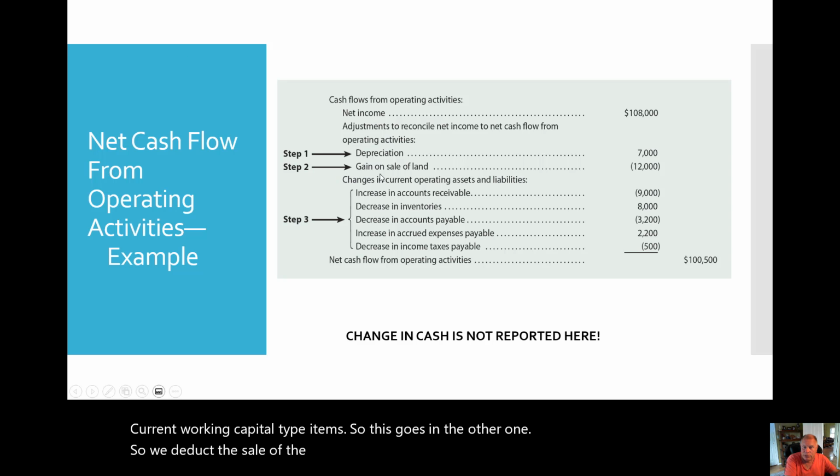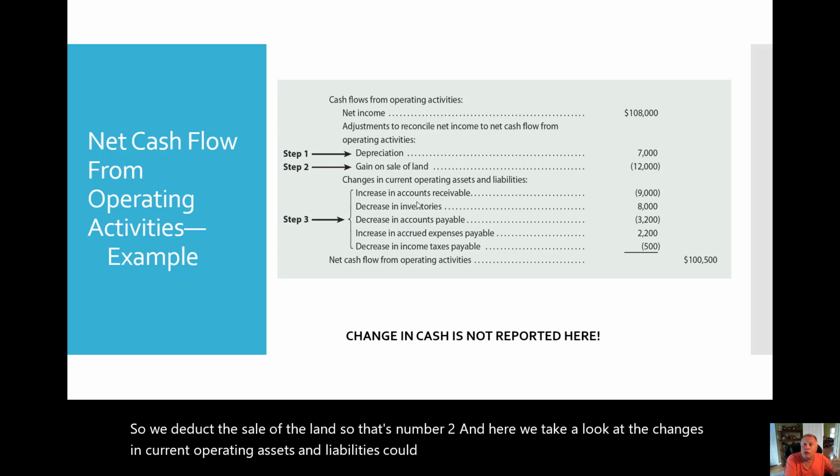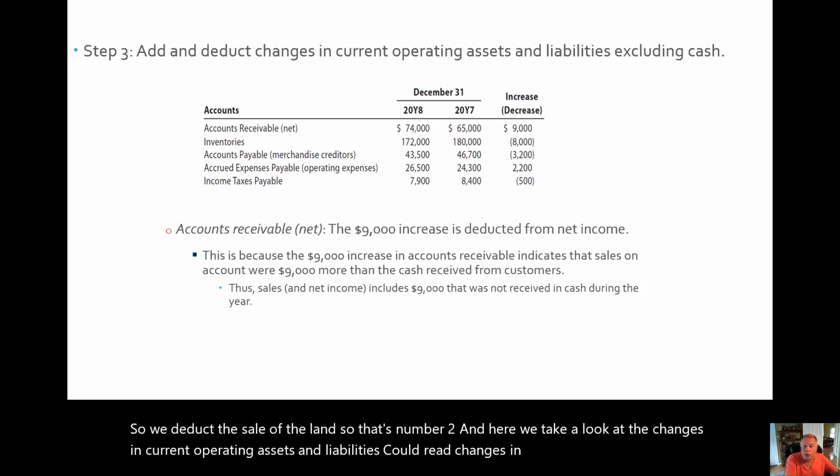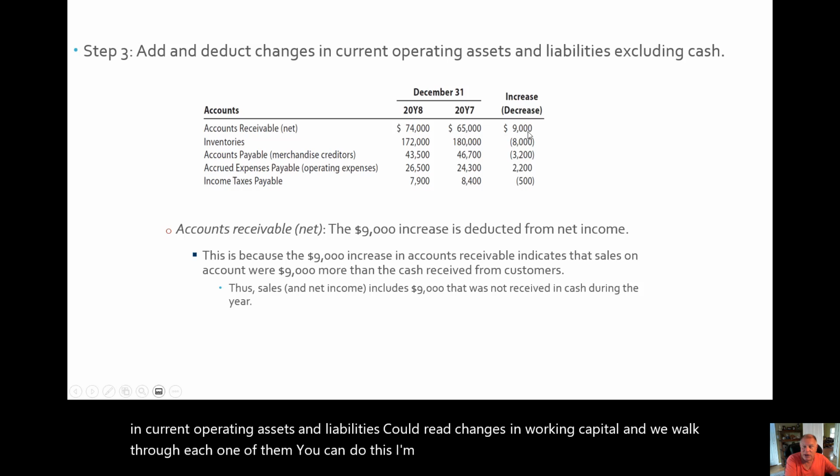So that's number 2. And here we take a look at the changes in current operating assets and liabilities. Could read changes in working capital. And we walk through each one of them. You can do this. There is a change of $9,000 in receivables.